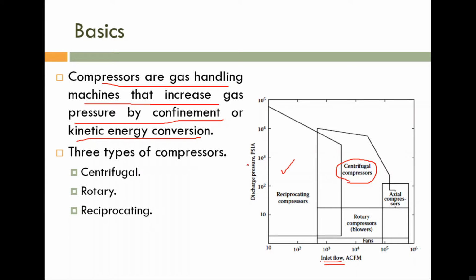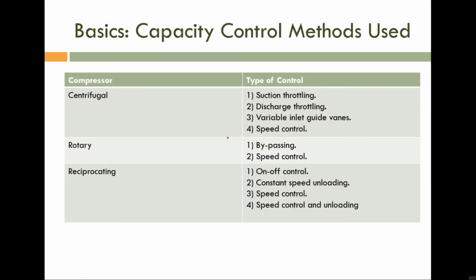Now these are the different methods of capacity control. If you are using a centrifugal compressor, the different types of control are suction throttling, which we will discuss, and discharge throttling, almost similar to suction throttling. The only difference is that here we throttle the discharge line, and there we throttle the suction line.